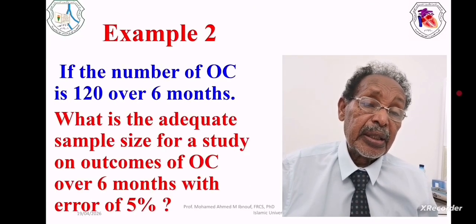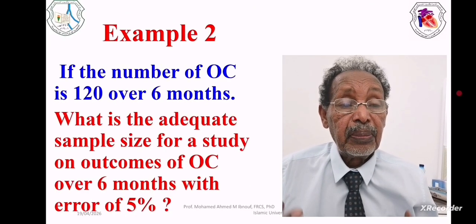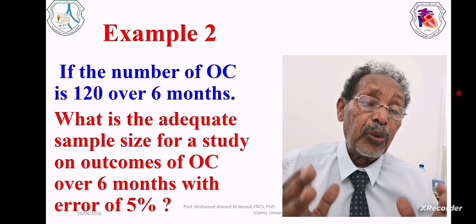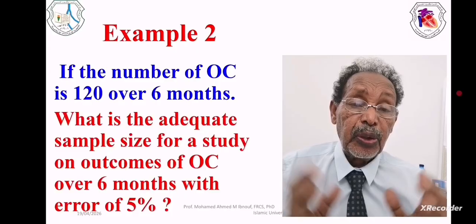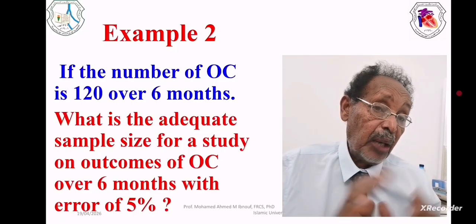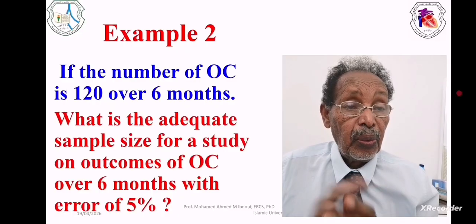Now let us take another example, and things will become clearer with examples. If the number of open cholecystectomies is 120 over 6 months, now we are taking a different period.